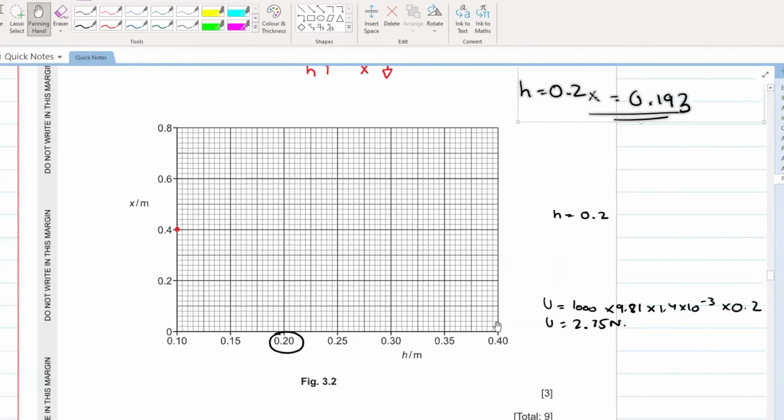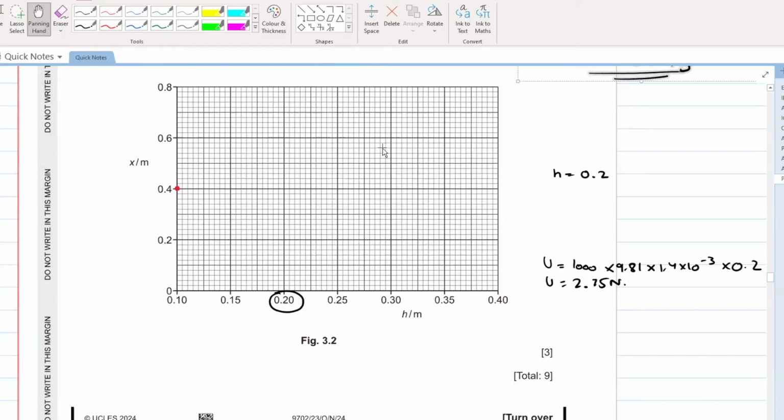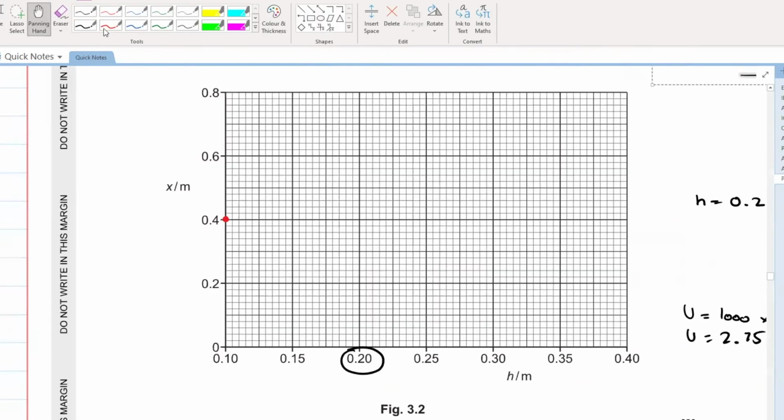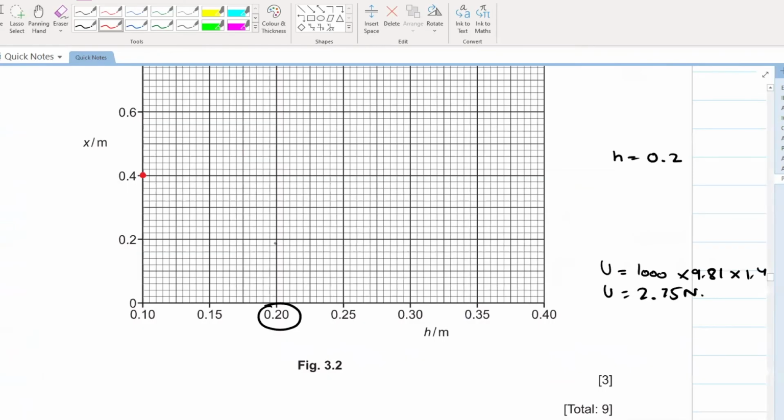Let's leave it. So at h equal to 0.2, your x is 0.19. Where will 0.19 lie? It will be somewhere here, or you can say 0.193. So you have this point at h equal to 0.2, x equal to 0.193.